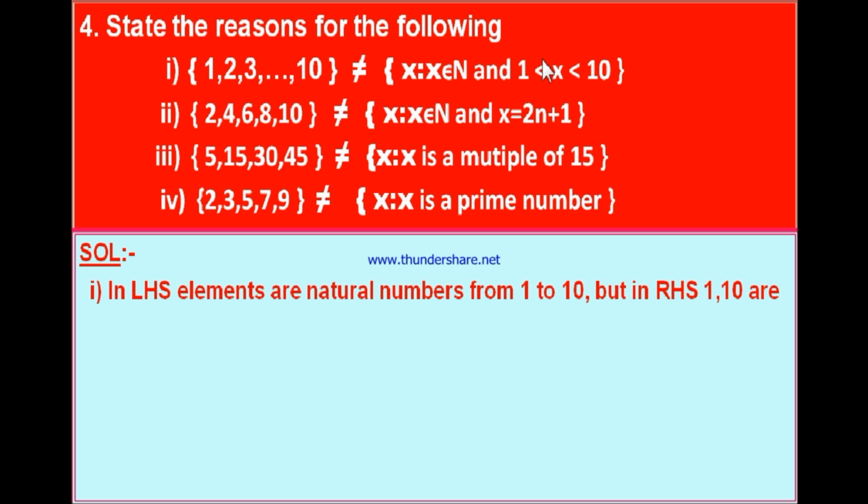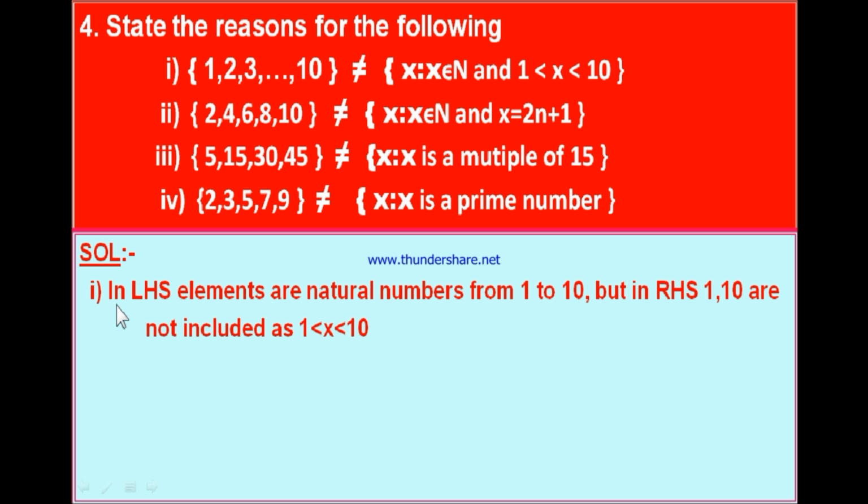You see, x is greater than 1 but less than 10. Means x value is not equal to 1 and not equal to 10. The value should lie between 1 and 10. That is, with respect to RHS, x is equal to 2, 3, 4, 5 up to 9 only. So the elements are different from LHS to RHS. That's why they are not equal.